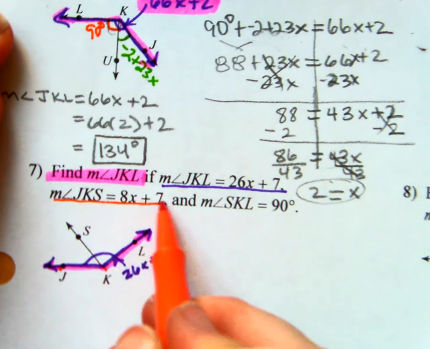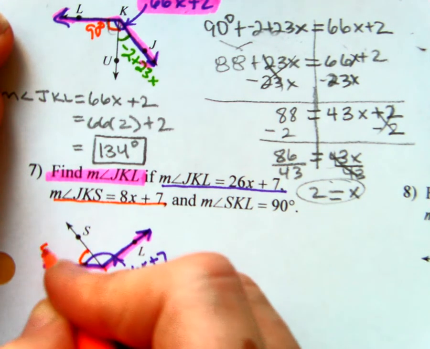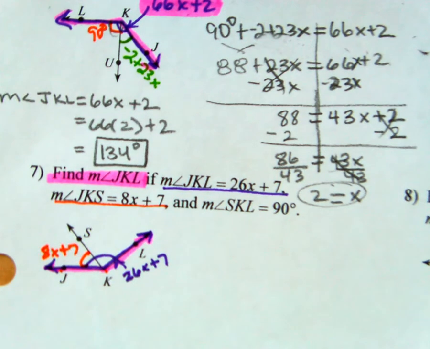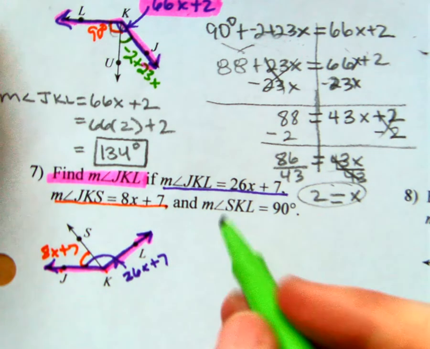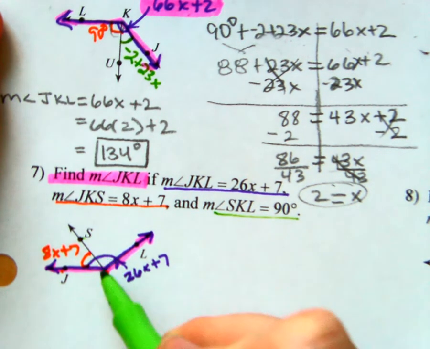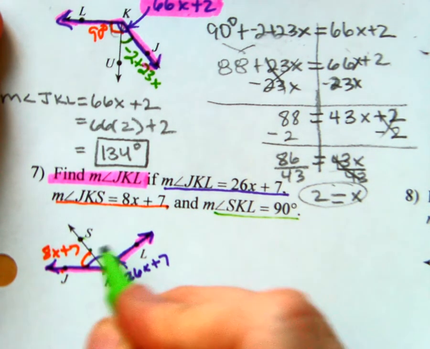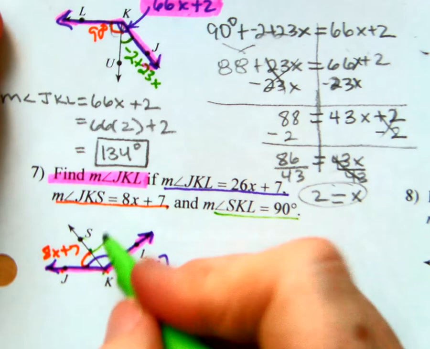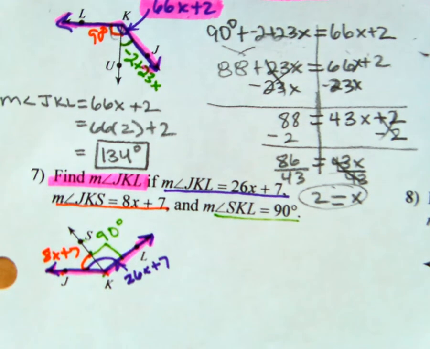JKS is 8x plus 7. And SKL is another 90-degree angle. Notice I'm putting the box when it's 90 degrees, just to quickly remind myself what that means.